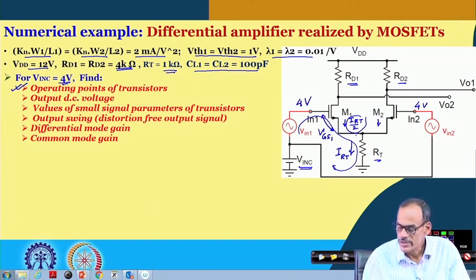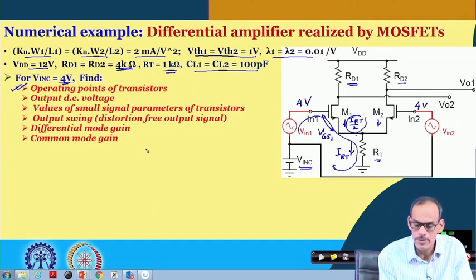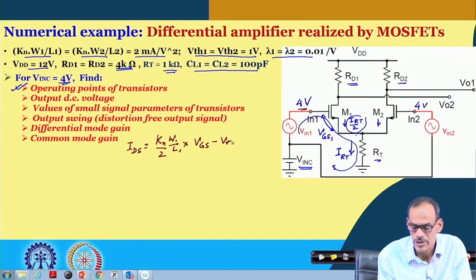And so let us try to see, for this voltage, what is the corresponding IDS. First of all, this IDS equals K W by L by 2 into (VGS minus VTH) whole square, whether it is for transistor 1 or transistor 2, they are equal.